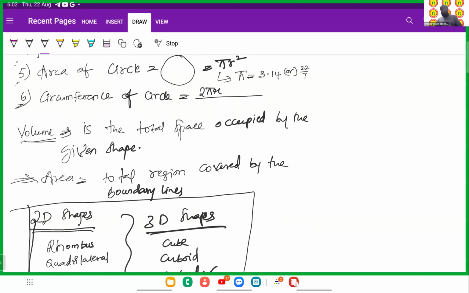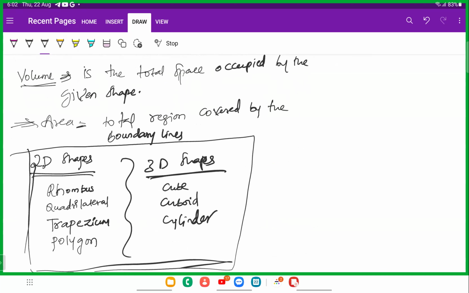Next class, we'll be discussing area, volume, and perimeter of these 2D and 3D shapes. Any doubts on today's class? No, sir.